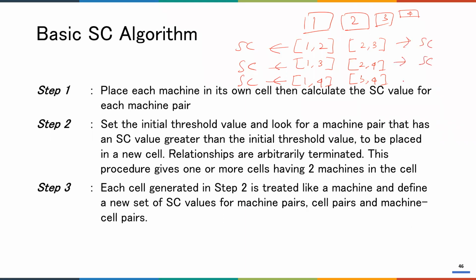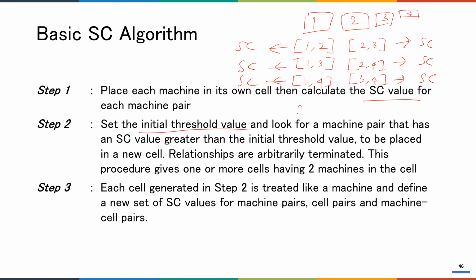That's why I say if you have lots of machines, it's going to be a bit complicated if you calculate it manually. Once we have the SC value for each machine pair, we will set the initial threshold value.